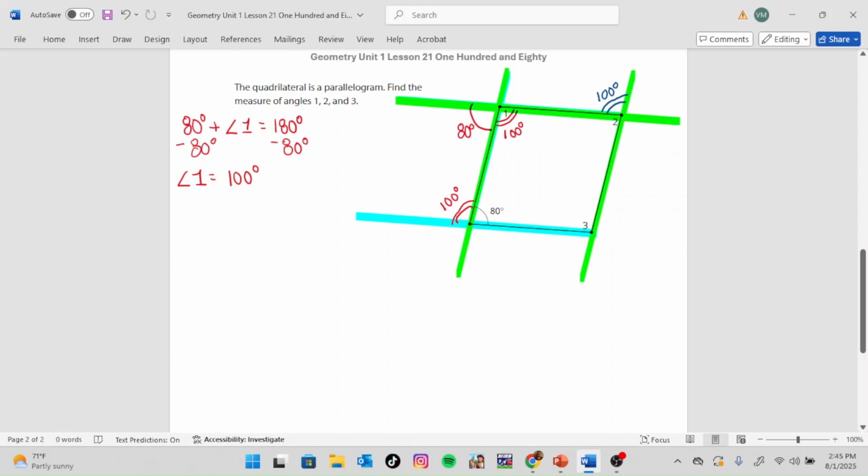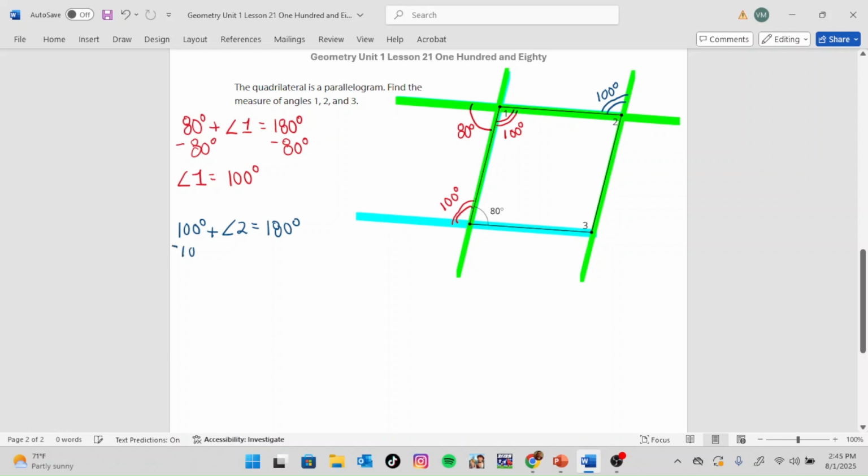Then I know that in order to make a straight line, it's going to be 180 degrees. So just like we did previously, I know that 100-degree angle that I just labeled in blue plus angle number 2 are going to have to add to 180 degrees.